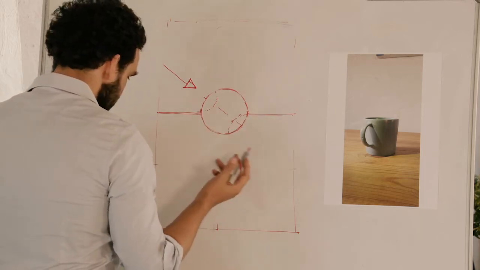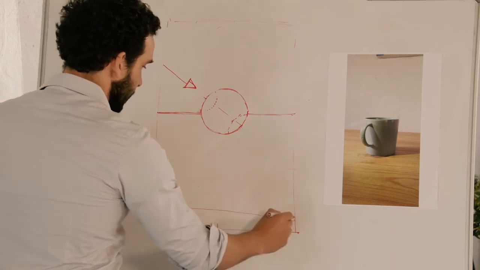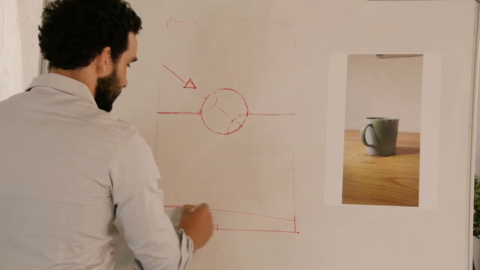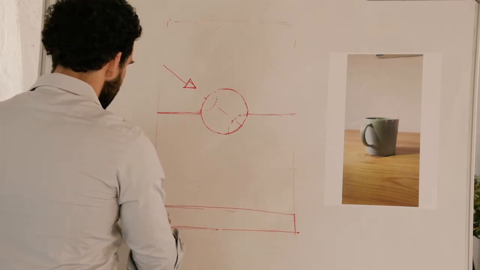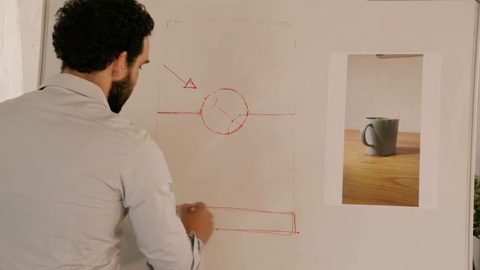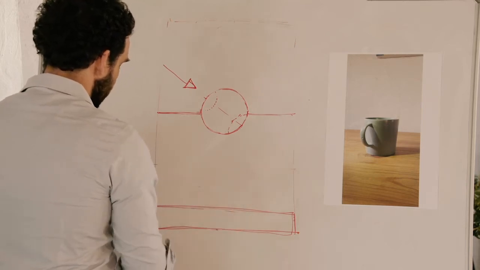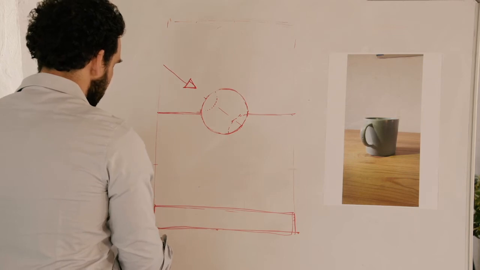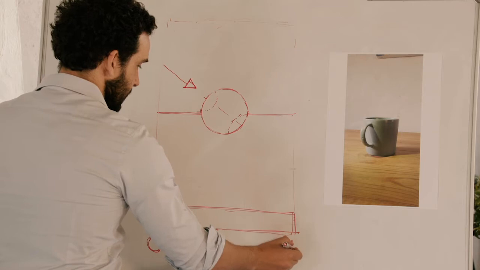So what I want you to think about when you're doing tones, I'm just going to turn this into a bar. We addressed this in the first lesson, but for those of you who just joined, this is a quick recap and a slightly more in-depth look. We're going to think about tones in terms of a scale. Right at the bottom, we have the whitest white, a 0, and the darkest a 10.